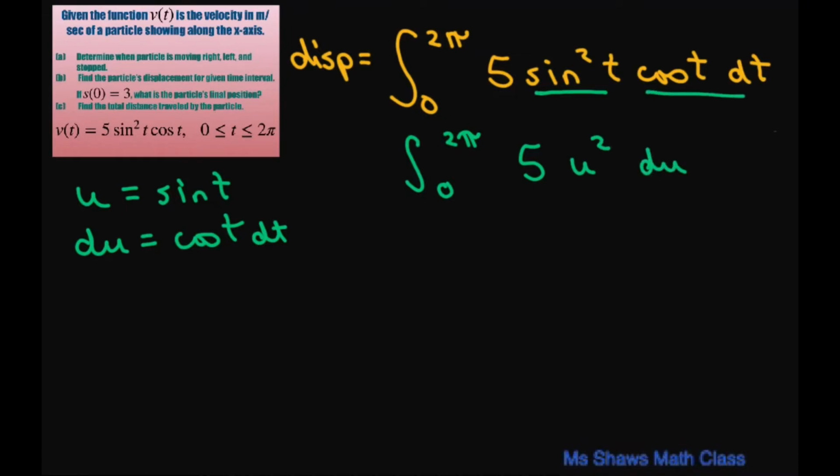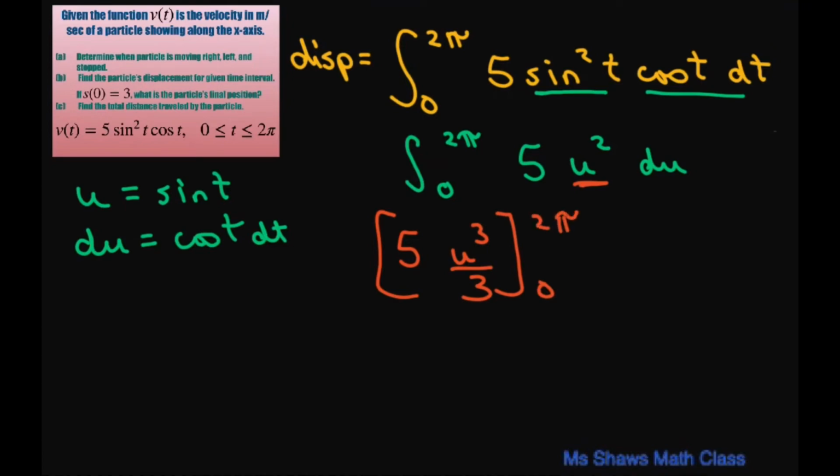All right, so when you integrate this, you're going to get 5 u cubed divided by 3, and then we're going to integrate this from 0 to 2 pi.